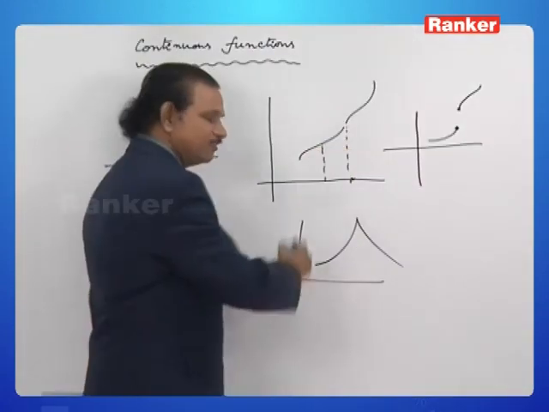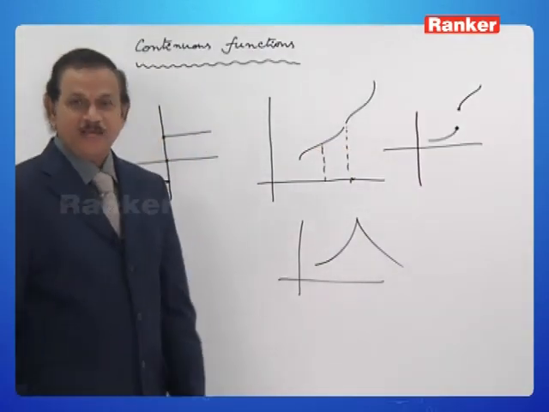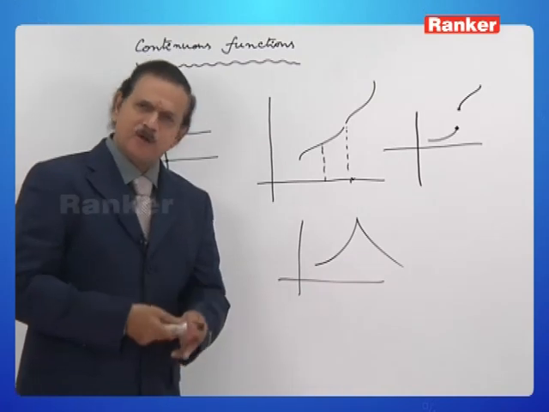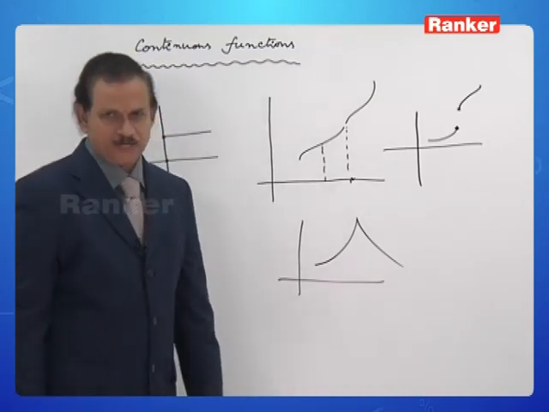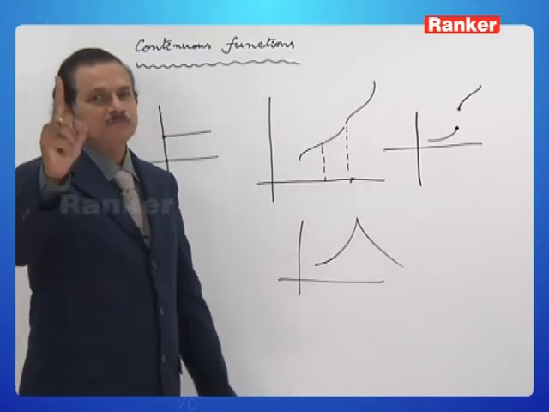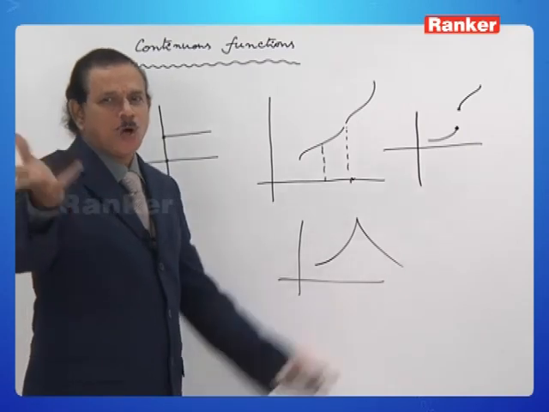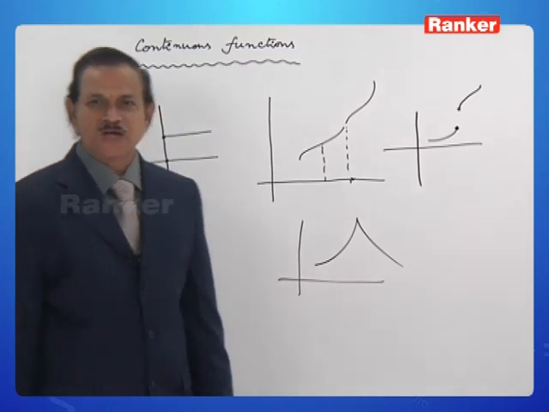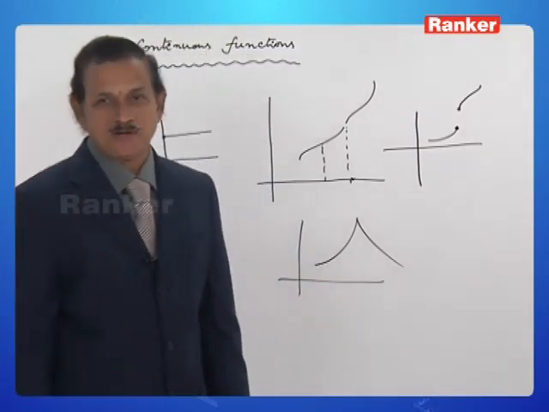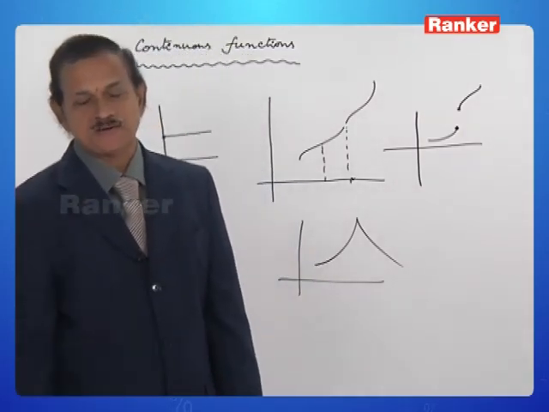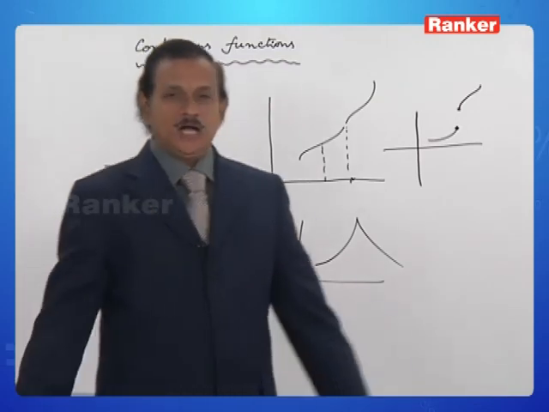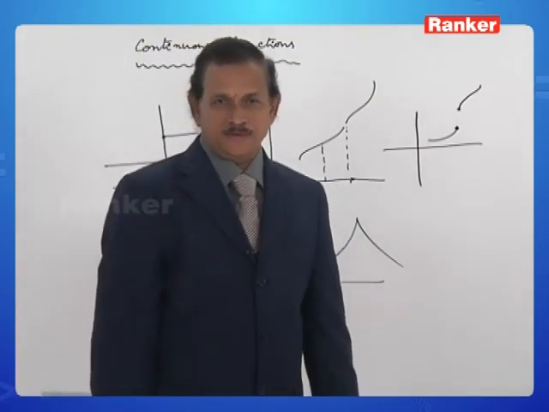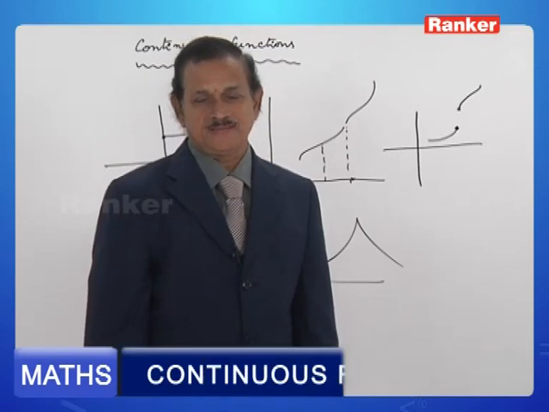Here the function is continuous. Therefore, it must be understood as a local character only. Continuity is a local character of the function at a particular point or around a particular region. This is the pictorial or conceptual meaning of continuity.